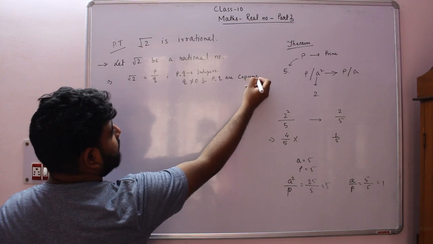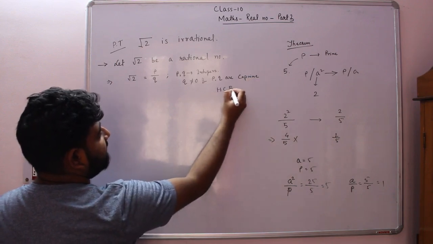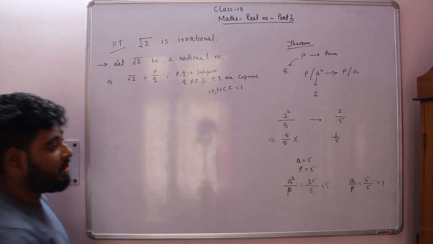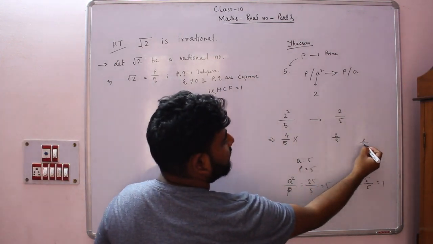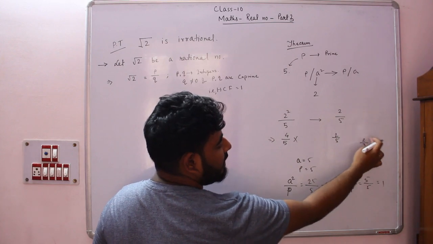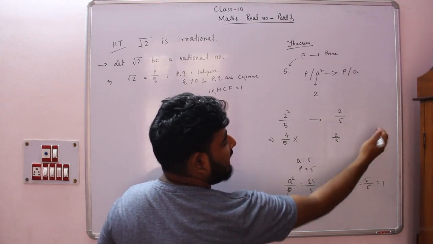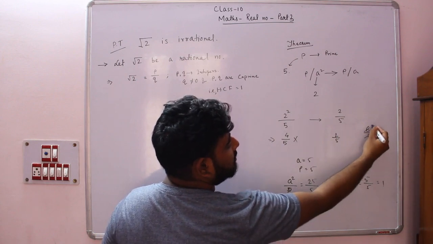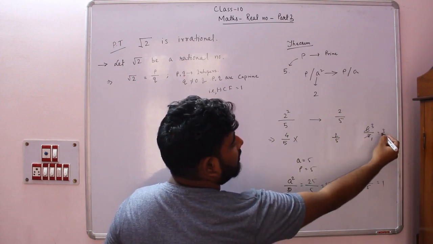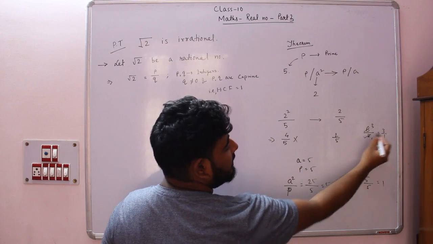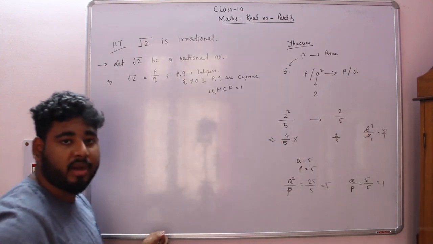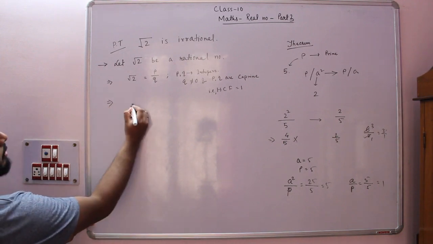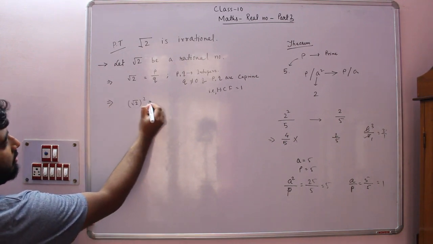Now what is co-prime? That means their HCF should be 1. That means 2 and 3, their HCF is 1, that is why they will not cancel each other. But if I take 6 and 2, they will cancel, right? 2 ones are 2, 2 threes are 6. So this type of number, where there is further cancellation, we are not considering. Okay? So now what will you do? You will square both sides.